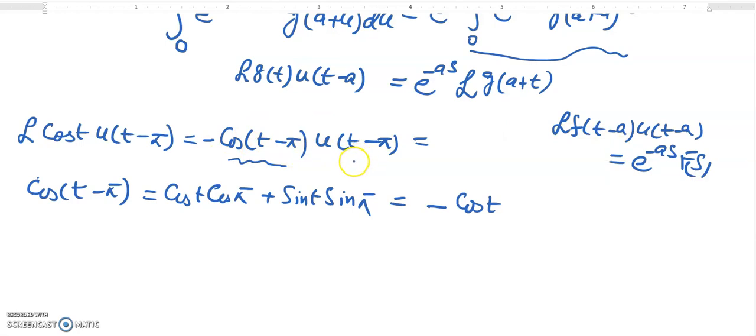Then we can write it that F of s corresponds to cosine of t.